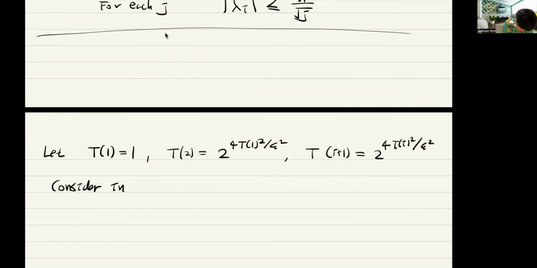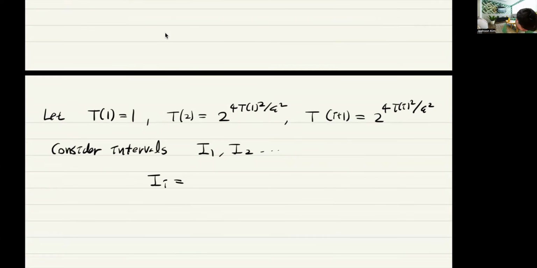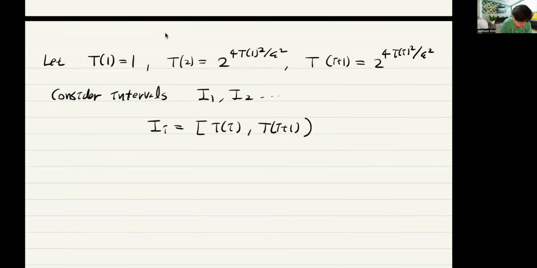And we consider the intervals I_1, I_2, and so on, where I_i starts from T_i and ends at T_{i+1}. Let's say it's an open interval here so that they are disjoint. And what do we know?